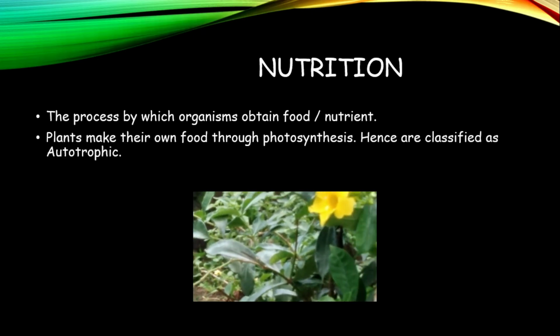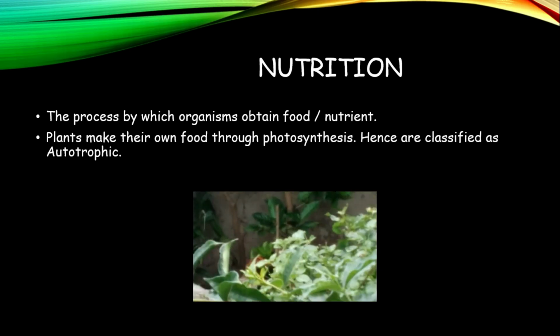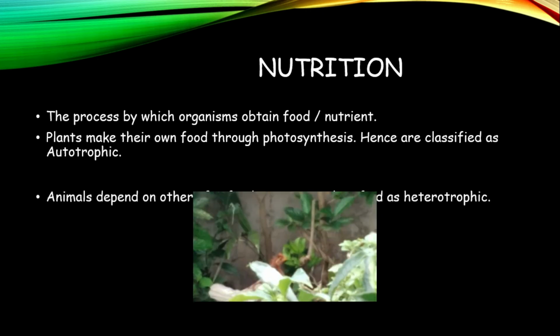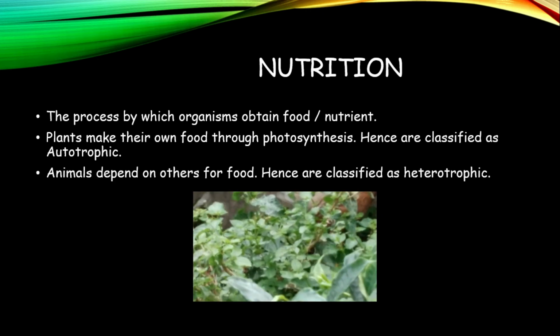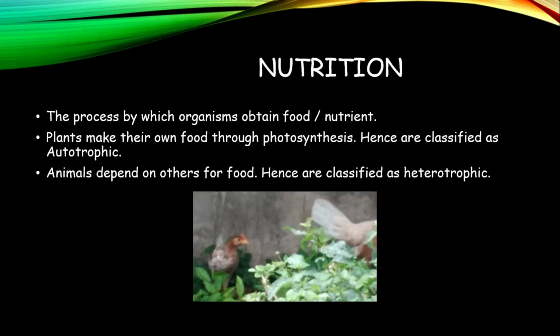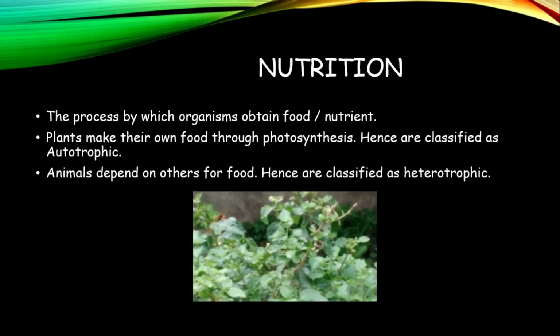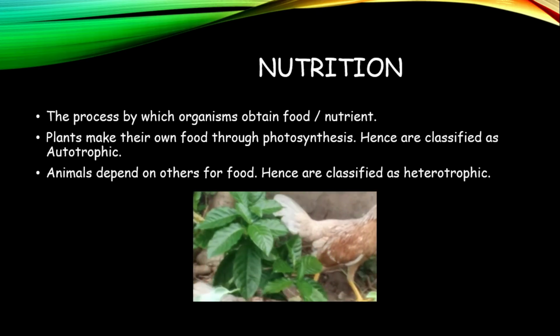Plants make their own food through photosynthesis, hence they are classified as autotrophic organisms. However, animals depend on others for food, hence they are classified as heterotrophic. So plants are autotrophic while animals are heterotrophic based on their nutrition type.